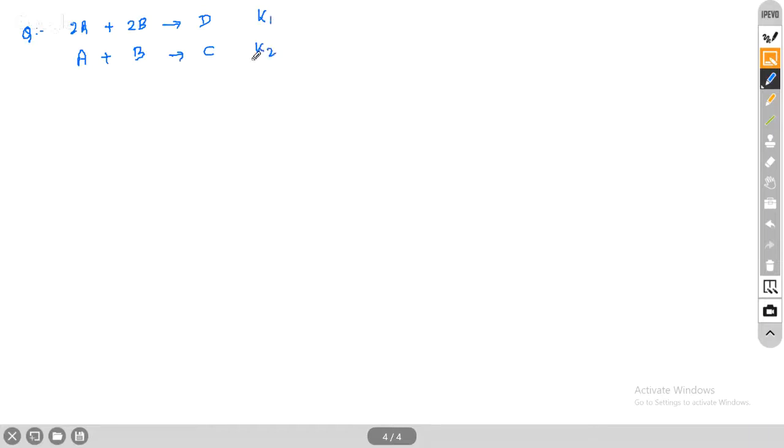For this, it is K2. You have to find the equilibrium constant of the reaction A plus B plus C gives D. This K is equal to what?